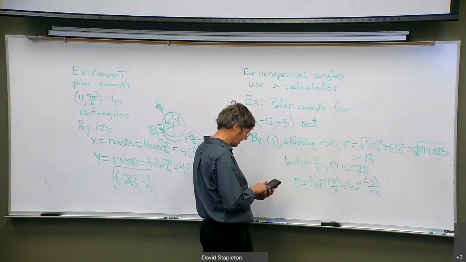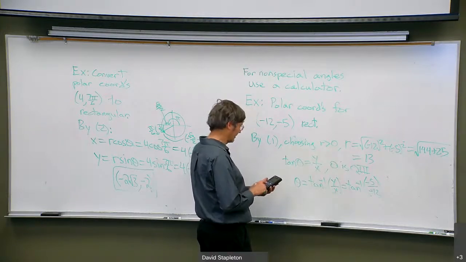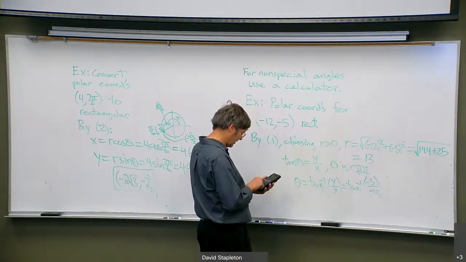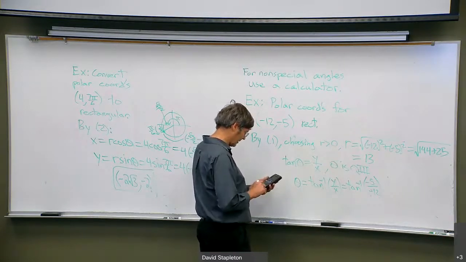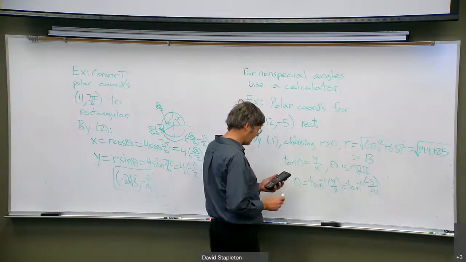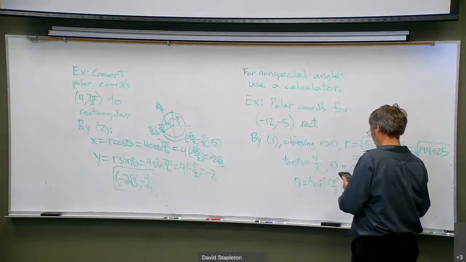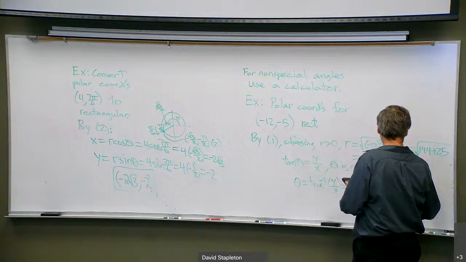I had to convert it to radians here. All right. So now, arc tangent of 5 divided by 12 is 0.39479, blah, blah, blah.